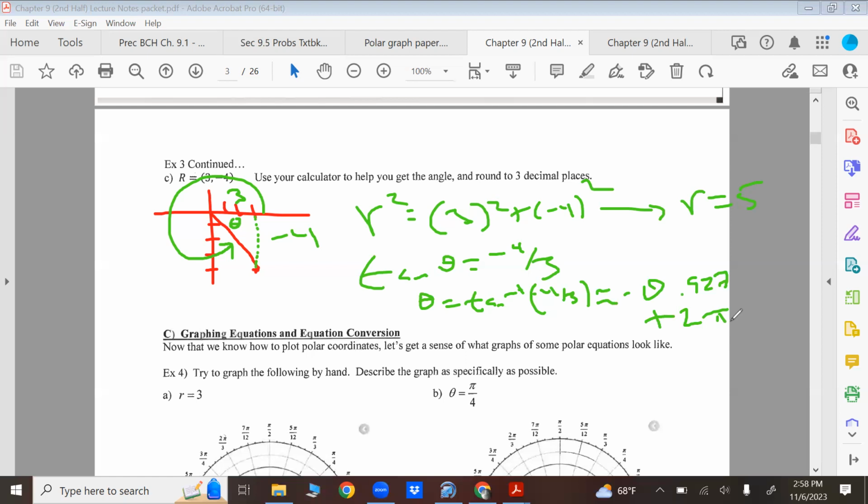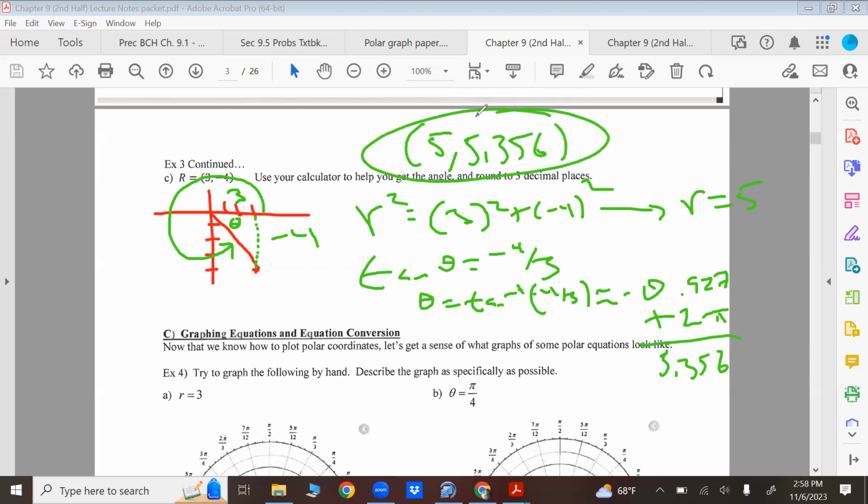It's just cleaner to avoid it if you could. So you wind up getting 5.356. Add 2 pi to that. So the answer is 5.356. There you go.